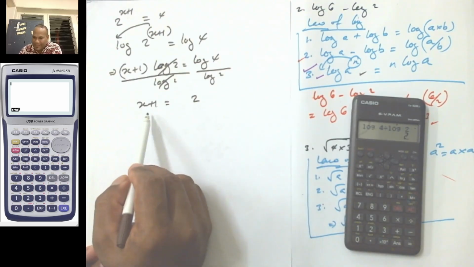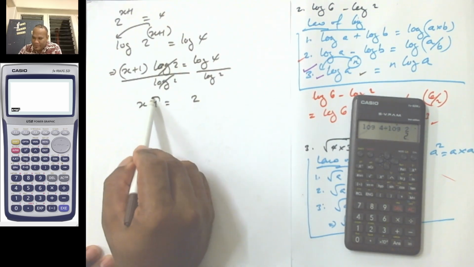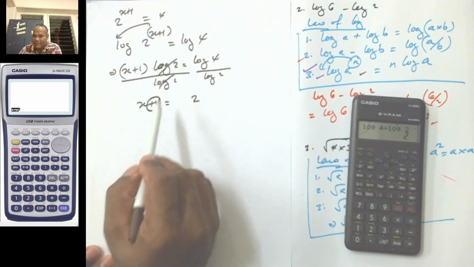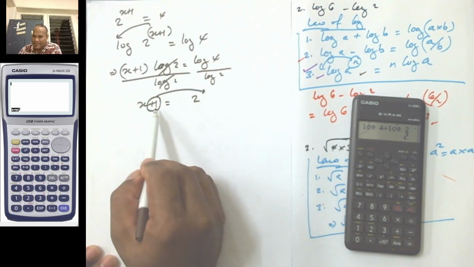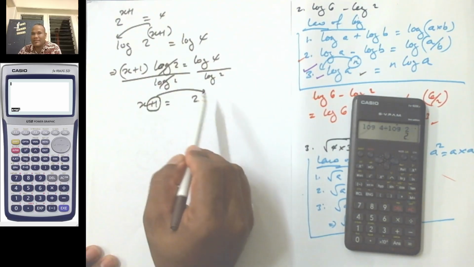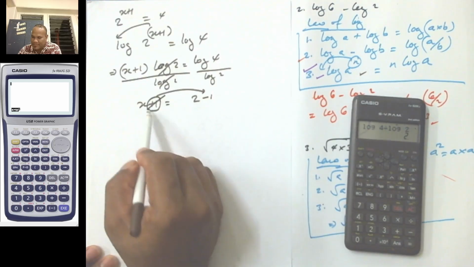I want to find x. Which one is far away from x? Positive 1. Yes. Whenever you take anything from the left to the right, we use the opposite operation. This is plus 1, take it to the other side it is minus 1. So this cancels out.